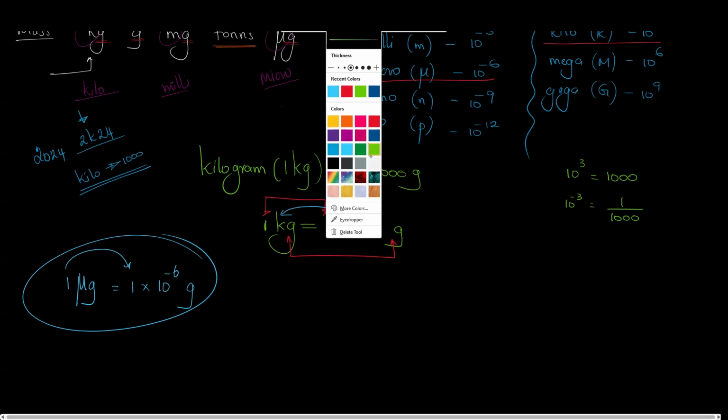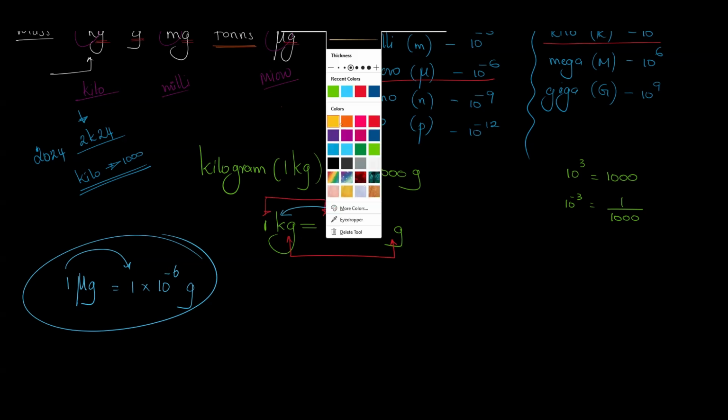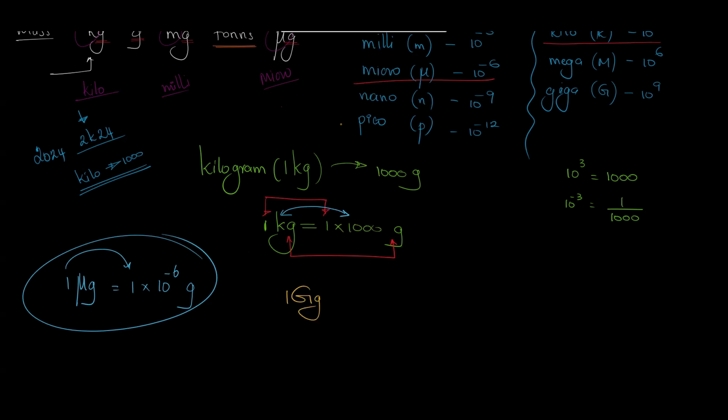Similarly, we can go ahead and find other values. Let's say 1 gigagram, I want it in grams. So you write the 1, and instead of giga, it is 10 to the power of 9. So 1 gigagram is 10 to the power of 9 grams.